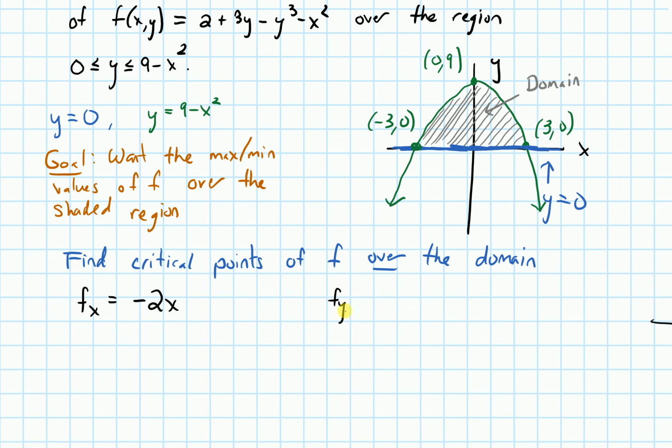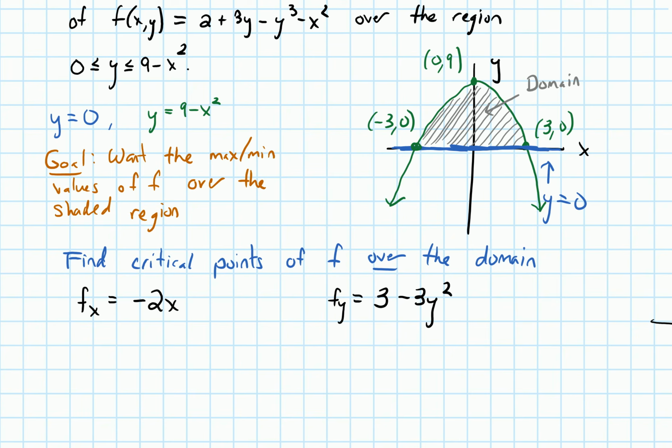So the partial with respect to y, the partial of 2 would be 0. The partial of 3y would be 3. The partial of negative y cubed is minus 3y squared. And the partial of negative x squared would be 0 because I'm taking the partial with respect to y, so x gets treated as a constant.